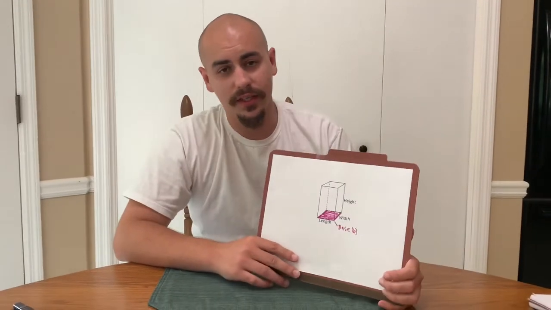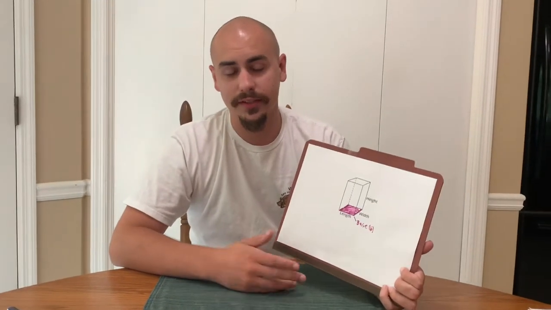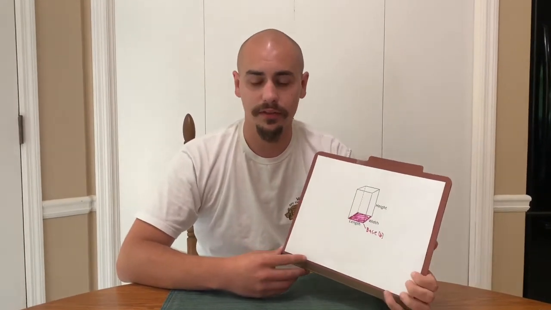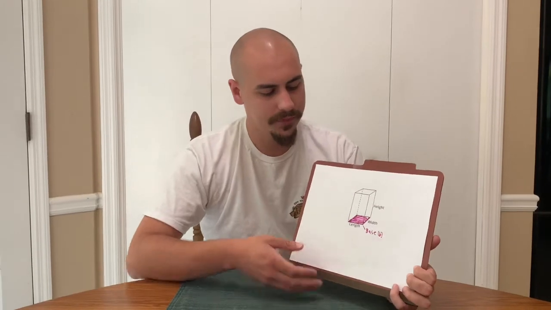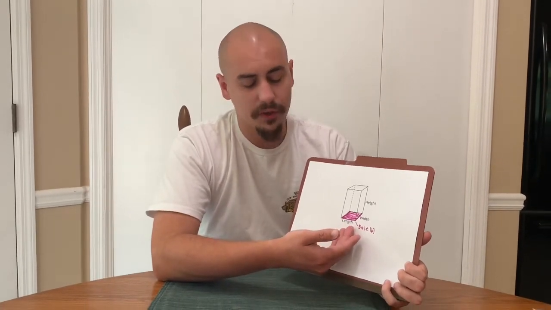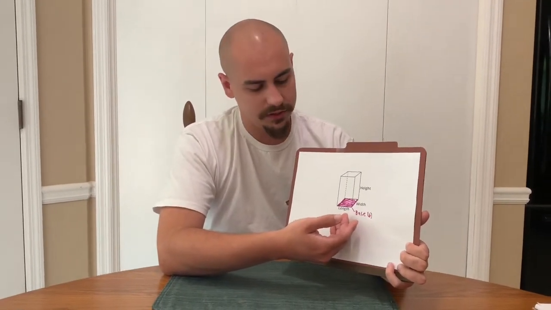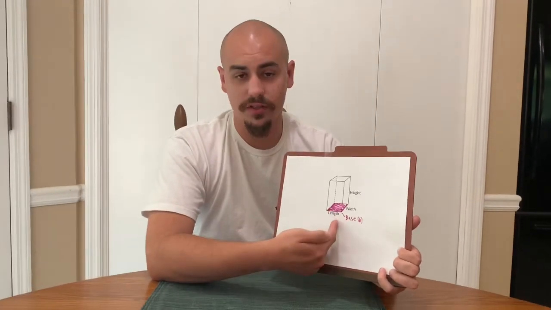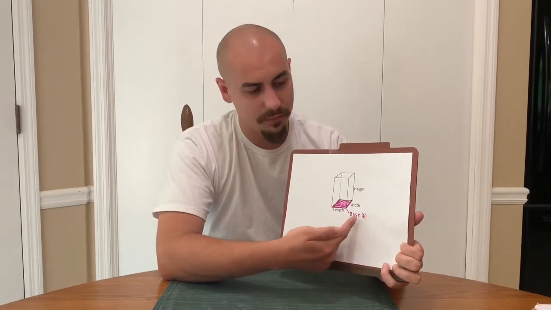Okay, so some common misconceptions or misunderstandings that you might run into while your child is trying to learn this: we have the base here marked, and if you recall, we talked about how this base is already made up of two numbers.